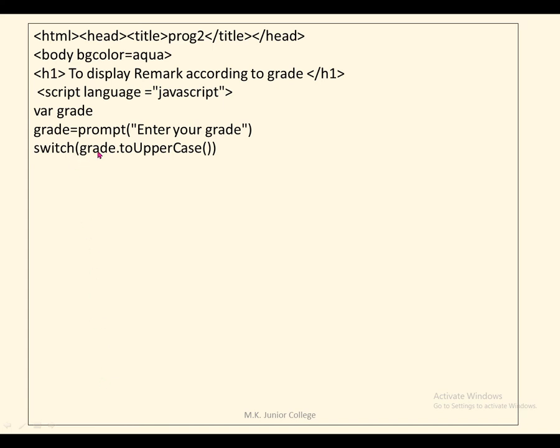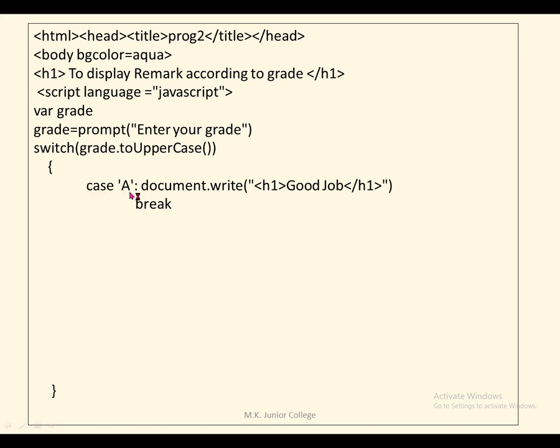So that's why I am giving grade here. Why am I giving toUpperCase? We'll see later on. So switch grade, and then we start with the curly brackets. See, start with the curly braces here and close with the curly braces. First case A. See, I am checking a character, and a single character must be in a single quote.